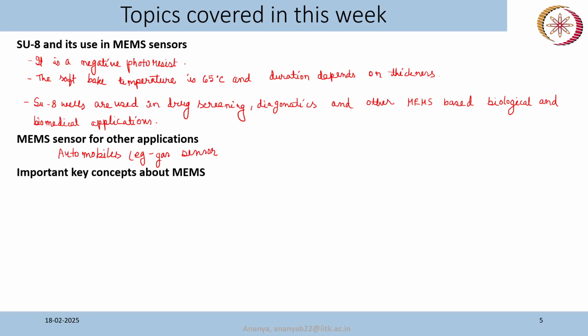You know that nowadays in car designs, many safety precautions are integrated. There will be different types of sensors used for that, and many of the sensors can be MEMS based sensors.